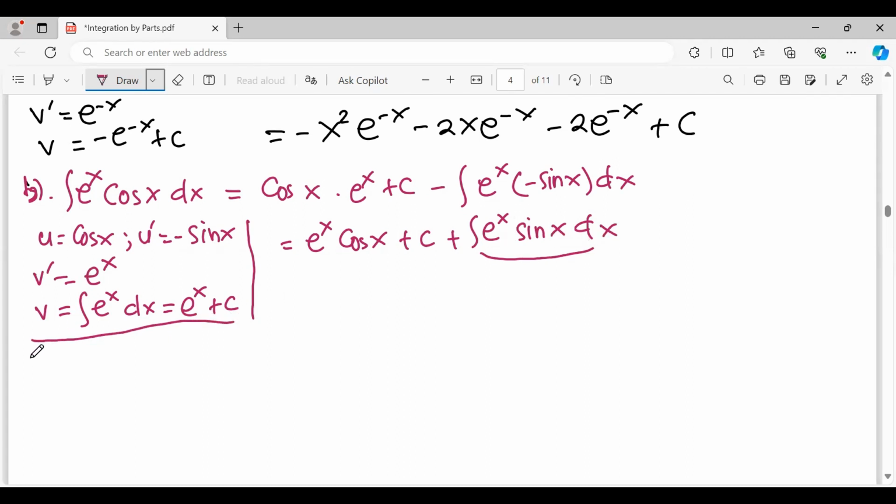U equals sine x, derivative u equals cosine x, and derivative v is e power x, so v is the same as this one, plus c.